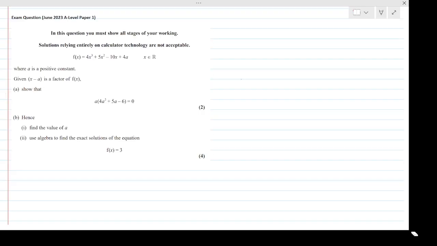So again, for part A, if x minus a is a factor, then that means x equals a is a root, right? Or in other words, f of a equals 0. If we plug in a into the function, I get 0, which is a root.